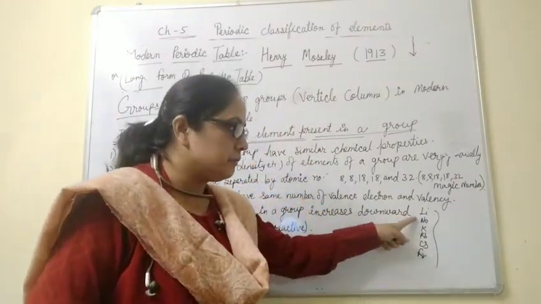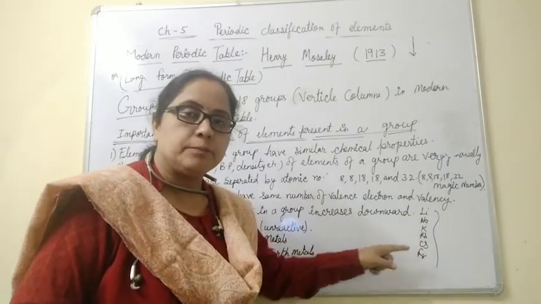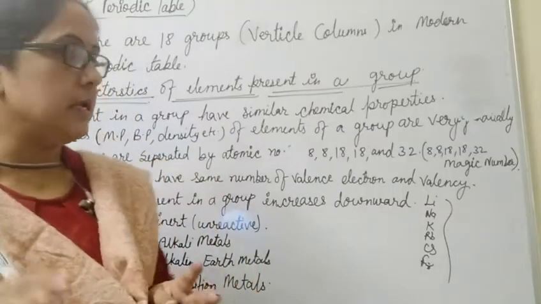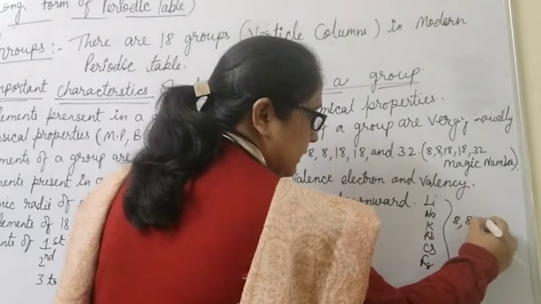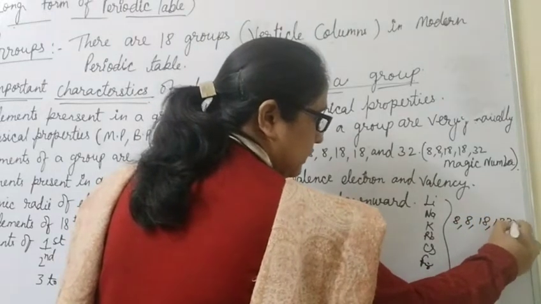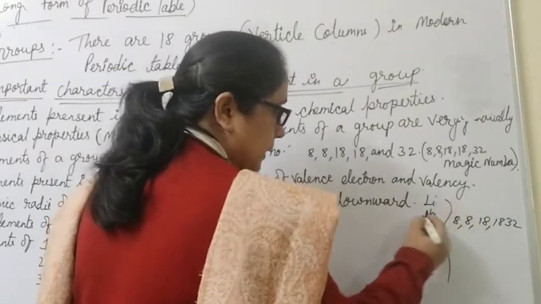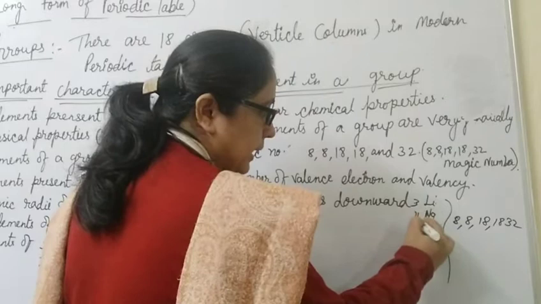The elements of a group are separated by fixed atomic number intervals. These fixed numbers are 8, 8, 18, 18, and 32. It means the atomic number of lithium is 3. The atomic number of sodium is 3 plus 8, that is 11.